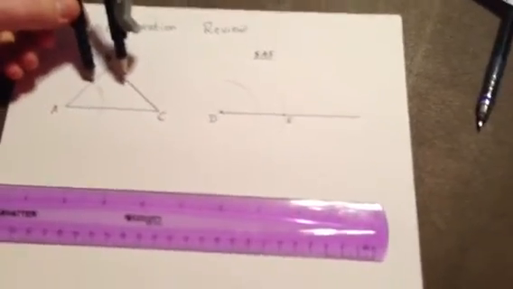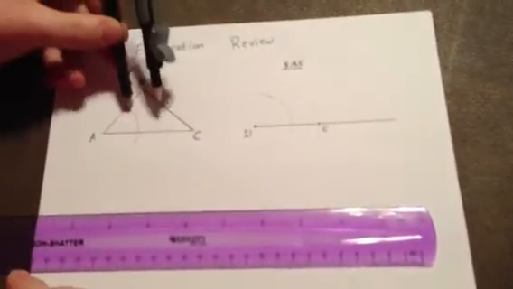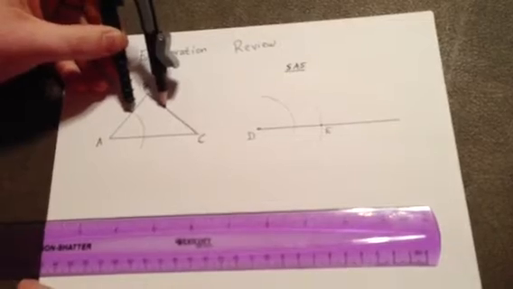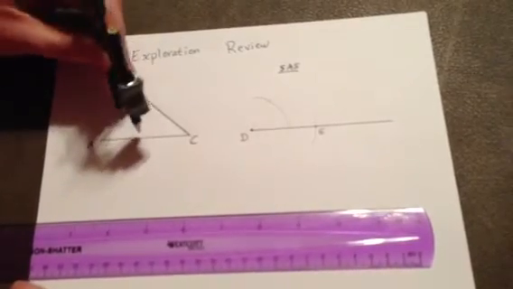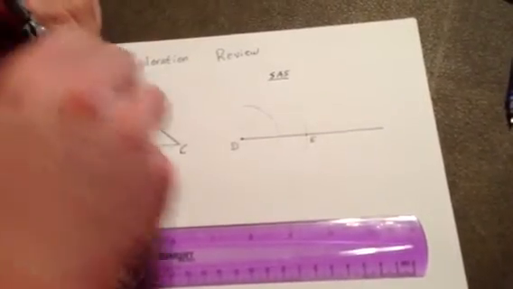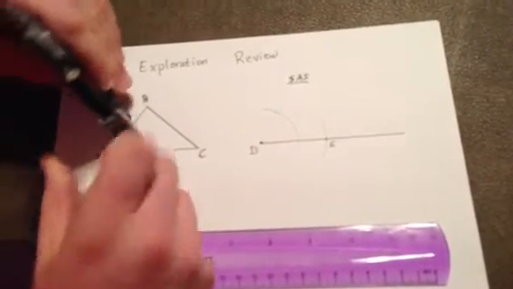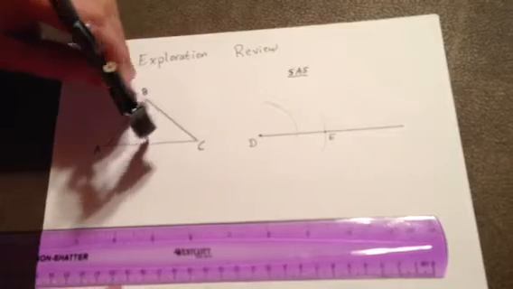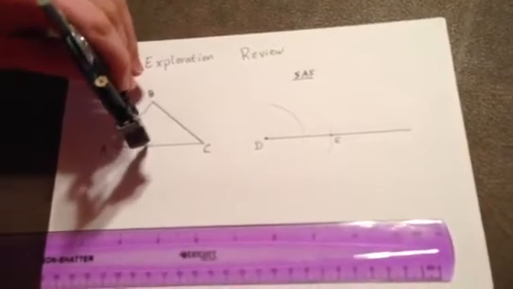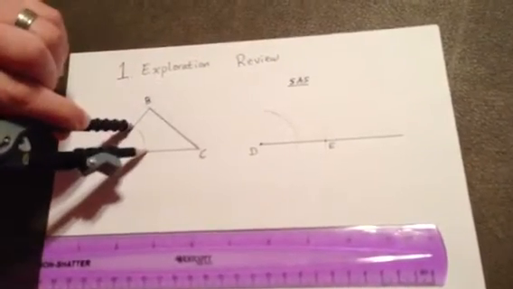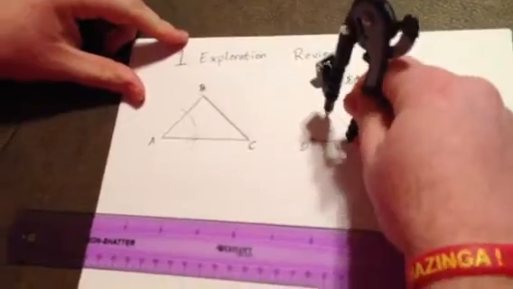So now I got to measure the angle, so I put the point of my compass at the intersection of my angle and my arc, and I open my compass so that it's the same width as the angle. And then I move to my line and I swing that same arc.